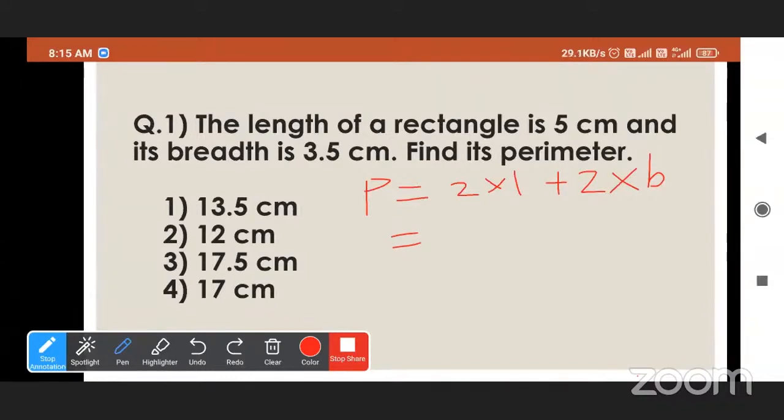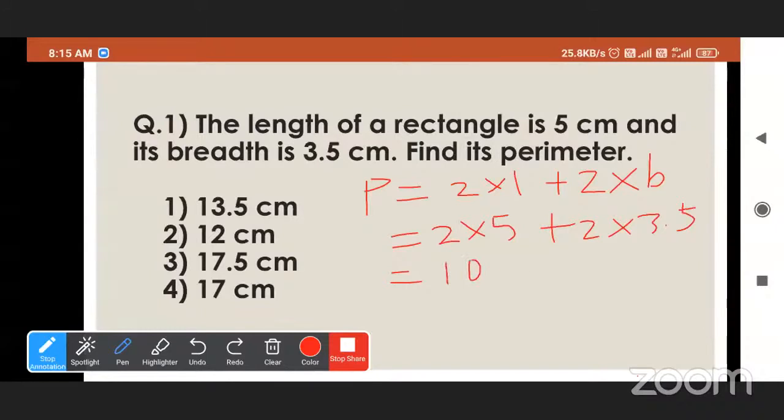What is the length of the rectangle? The length is given. Read the line first one: the length of a rectangle is 5 centimeters. So we will multiply 5 by 2, and the breadth given is 3.5. 2 into 5 is 10.